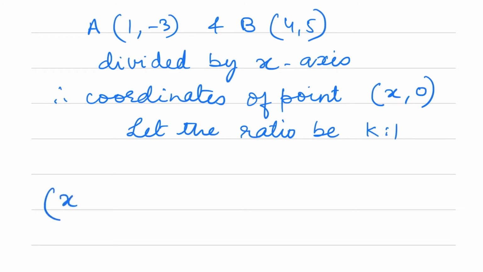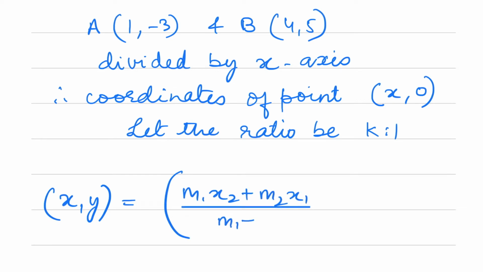The coordinates for the point which divides the line are equal to (m1 x2 plus m2 x1) divided by (m1 plus m2), and the y coordinate will be (m1 y2 plus m2 y1) divided by (m1 plus m2).